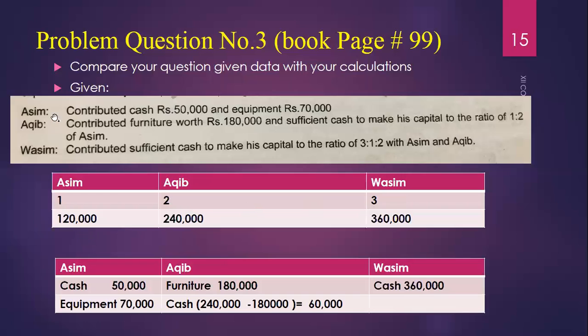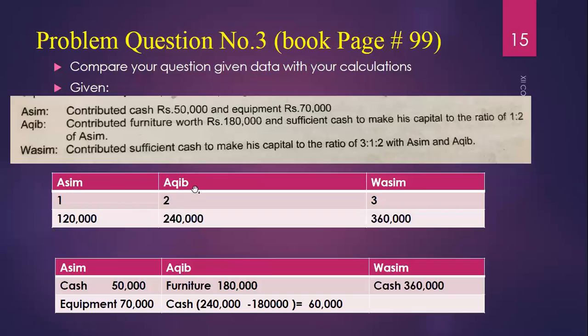Here is the distribution of the investment: in Asim's 120,000 there are some current assets and fixed assets. We have cash 50,000 and equipment 70,000, which together make 120,000.